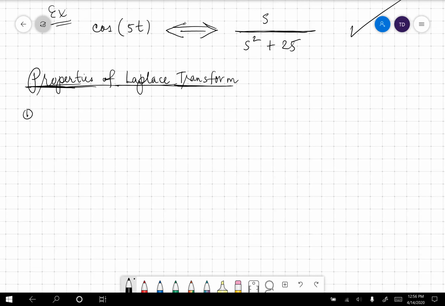Okay, so let's take a look at the first property, and that property is multiplication by a constant. I think this is going to behave exactly the way you would expect it to behave.